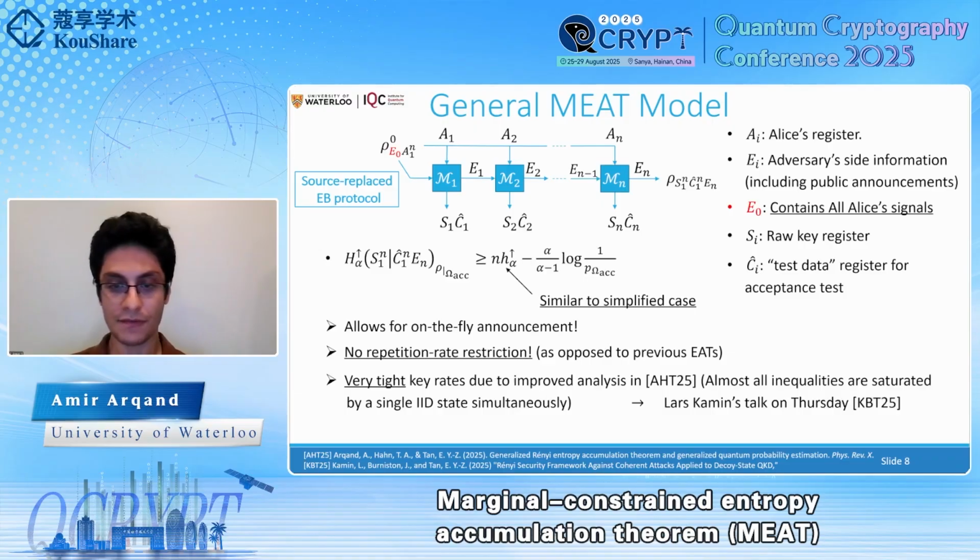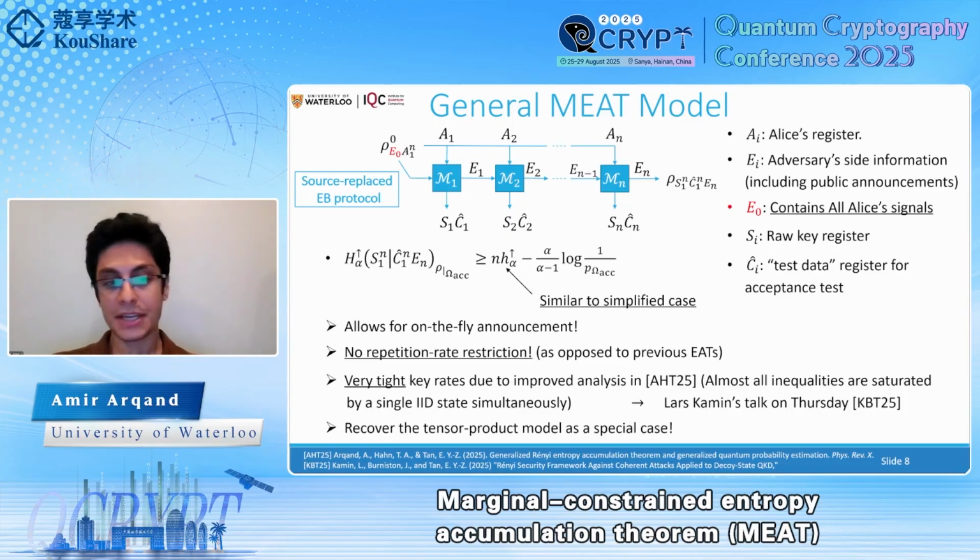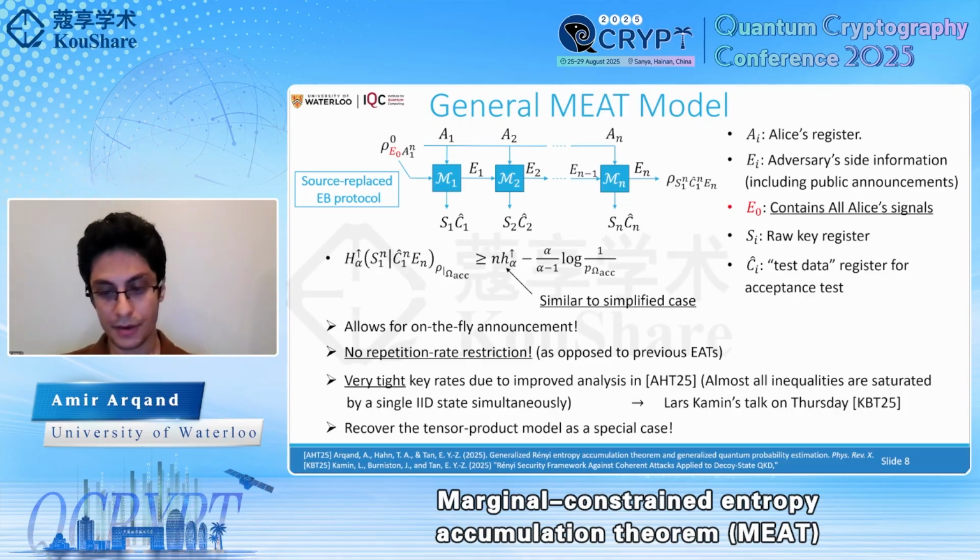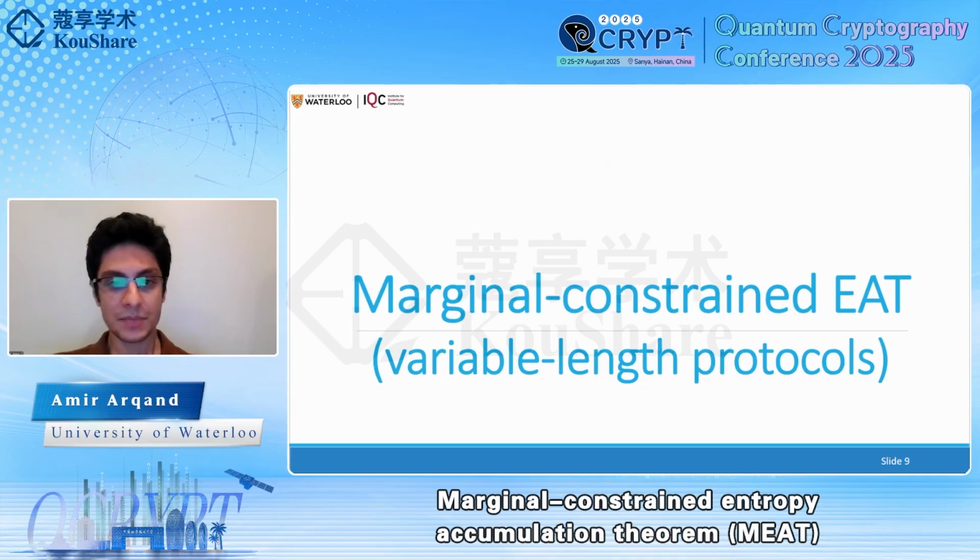And I think if you attended Lars' talk on Thursday, you have seen a practical proof that it overcomes EUR in, for example, decoy state protocols. And also, obviously, it recovers the tensor product model as a special case, so it encompasses all those previous developments as well. All right. Now, let's see what MEAT has to offer for variable length protocols.